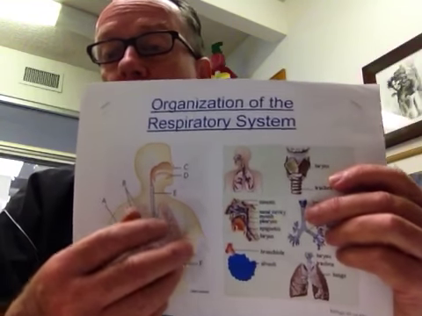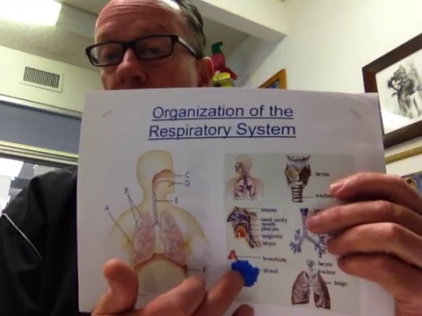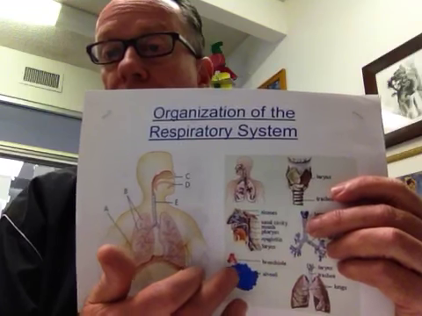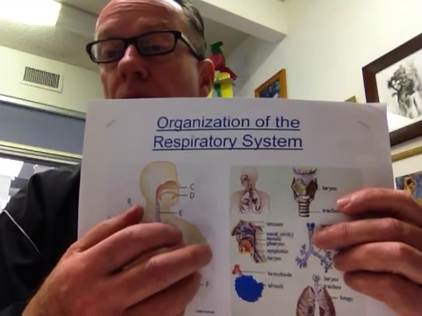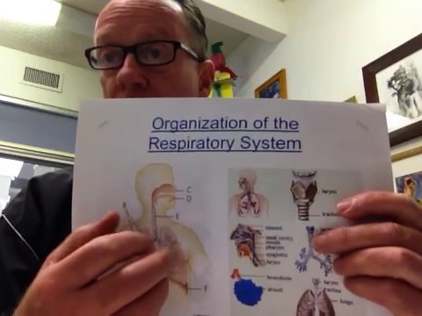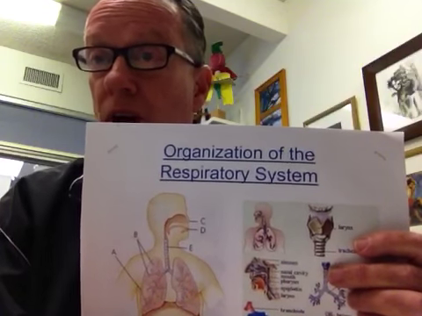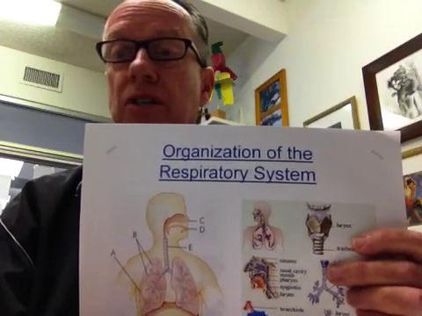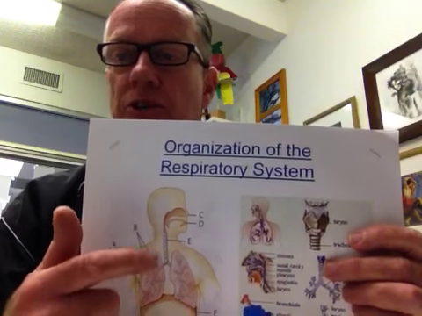Respiration happens where there's gas exchange at the acini or the alveolar sacs, and how infection or obstruction can negatively impact respiration is what we are going to study in this class of pathology of injury and illness.